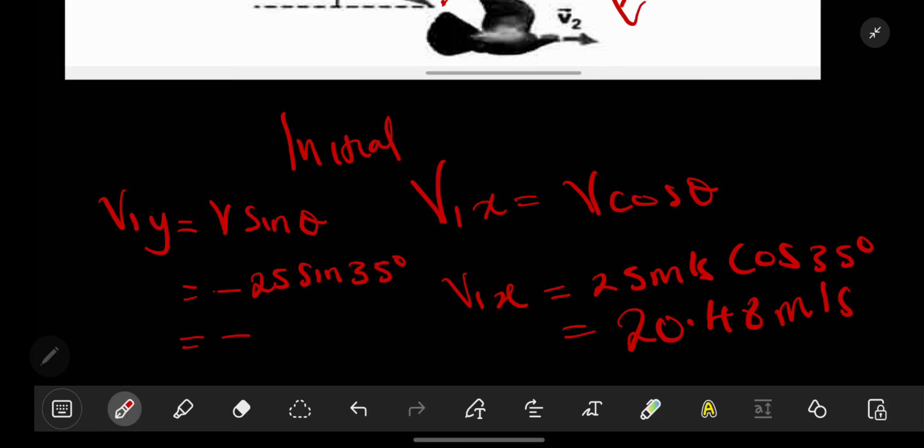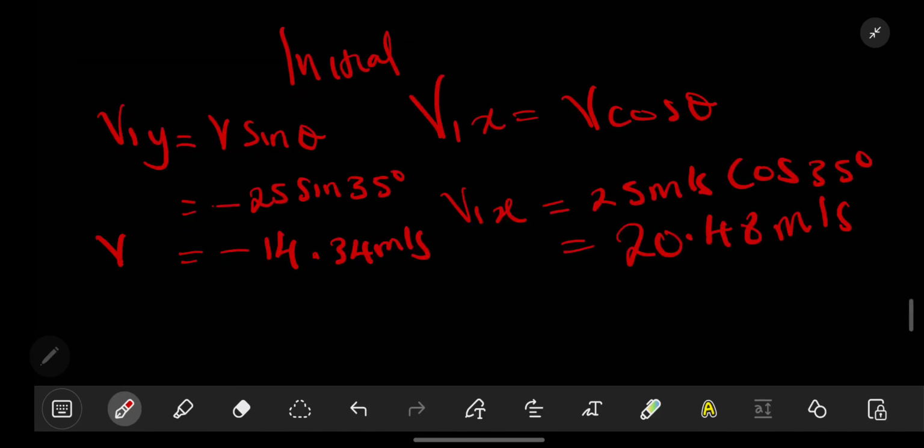So it will be negative: 25 sine of 35 will be equal to a negative 14.34 meters per second, as it is going down like that. So this is v1y.